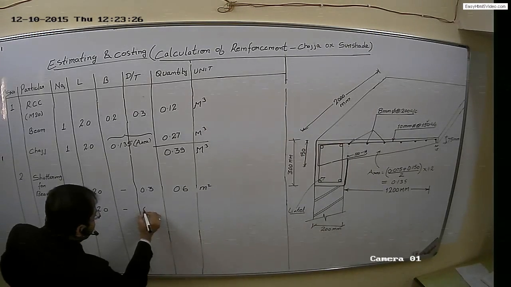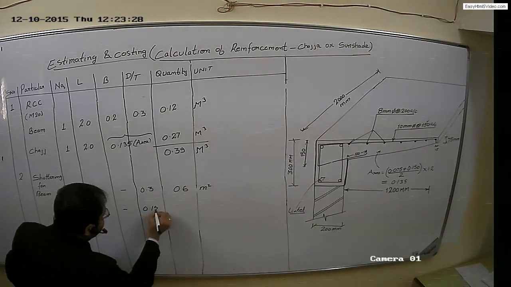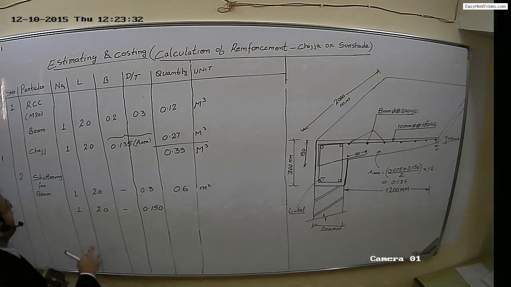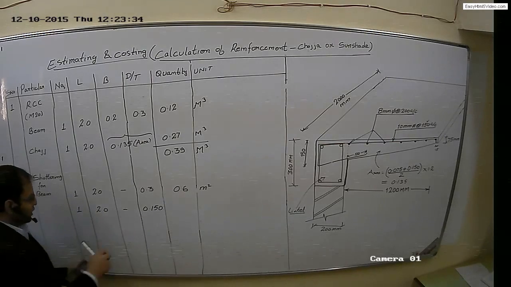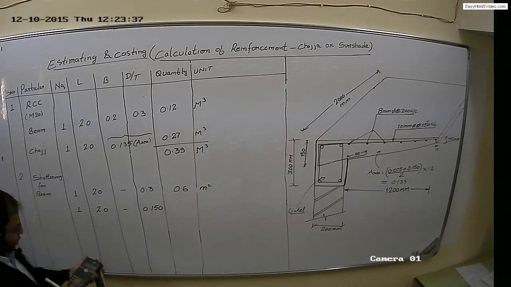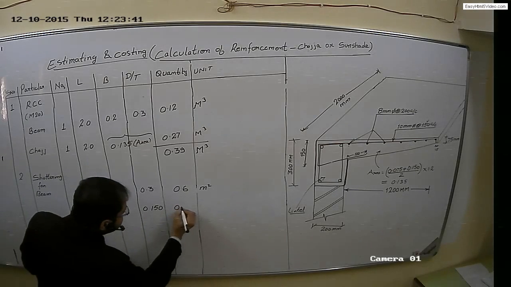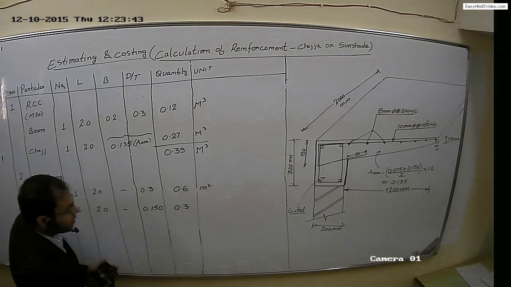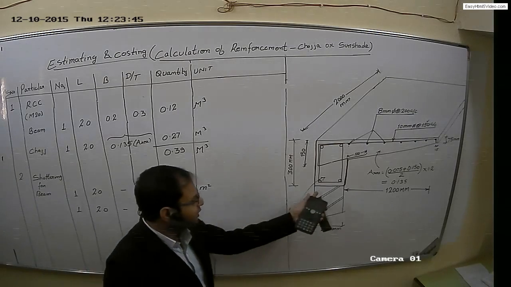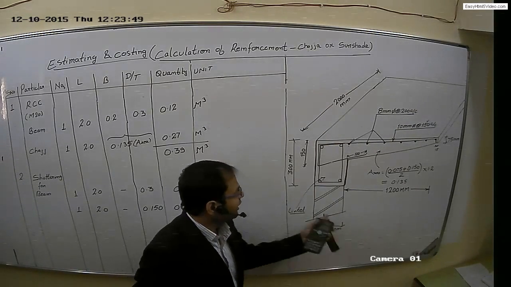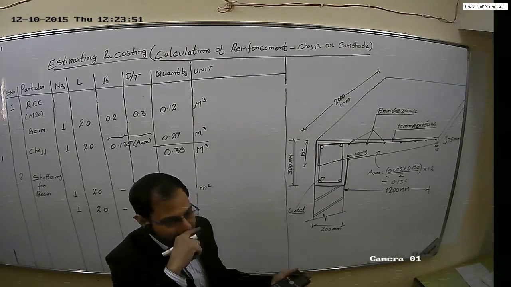Means 0.150. On multiplying these three quantities, number into length into depth, you will get 2 into 0.150, which is 0.3. Okay. Bottom of the beam we are neglecting, otherwise we will take 200 into 2 meter.